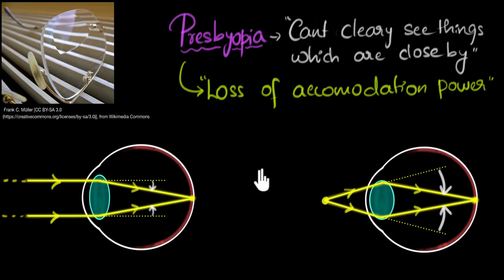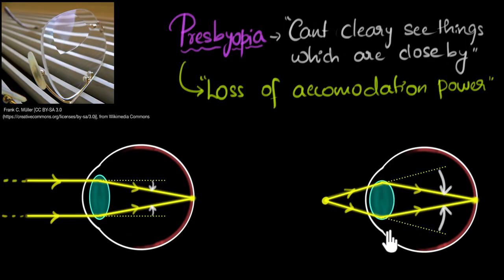Now imagine if we lost the power of accommodation. Imagine if our lens lost its elasticity. What would happen then? Well, if you're looking at things far away, our eyes will be relaxed, no problems here. But when things come close by, now we have problems bulging this lens. Because the lens has lost its elasticity, it has become hard.